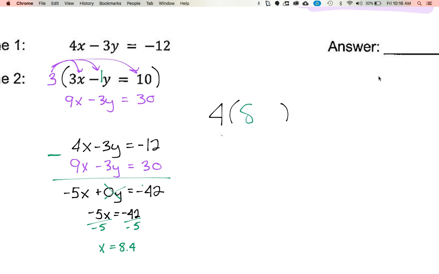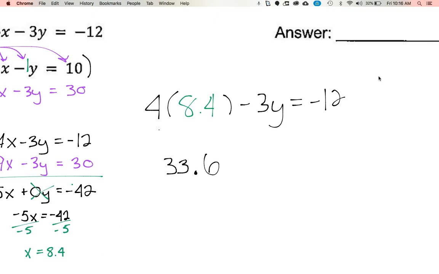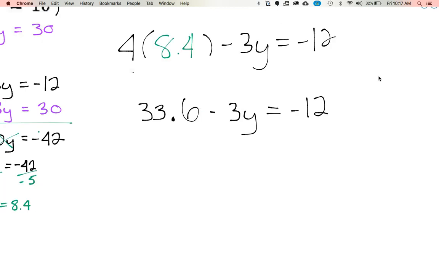4 times 8.4 minus 3y equals -12. So that's 33.6 minus 3y equals -12. I'm going to subtract the 33.6 from both sides.